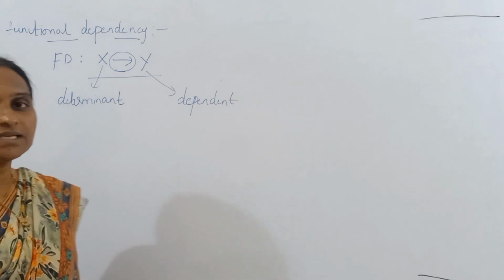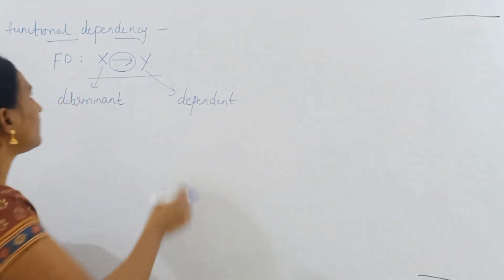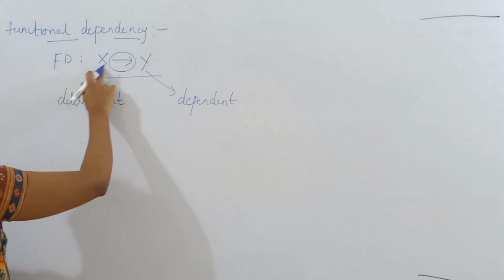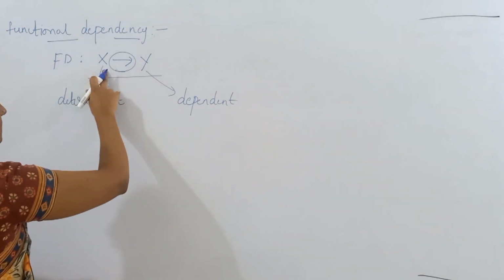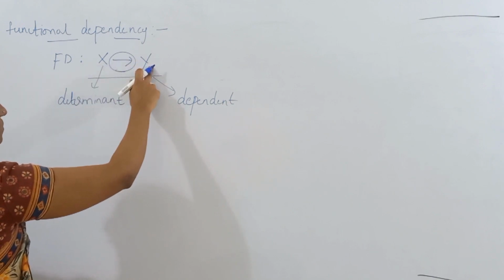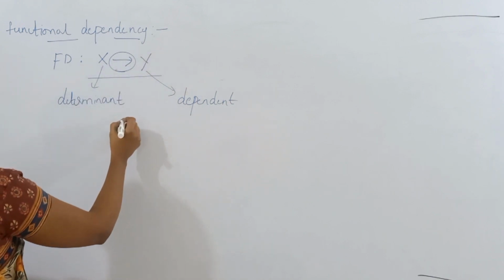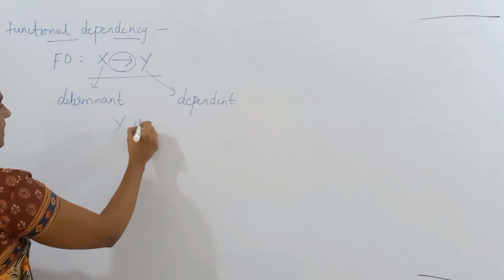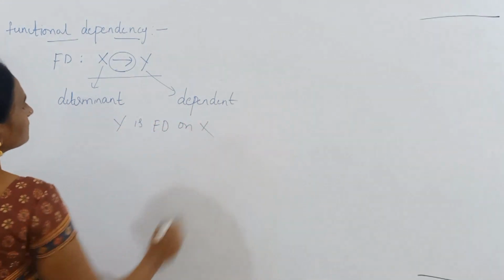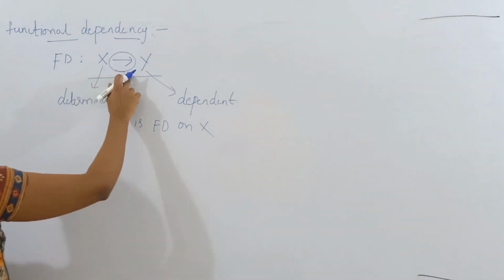Functional dependency is a relationship between two attributes. It is denoted by FD colon X arrow mark Y. So X determines Y. Using X we can determine Y. So Y is functionally dependent on X.